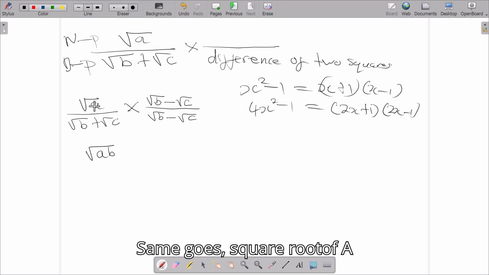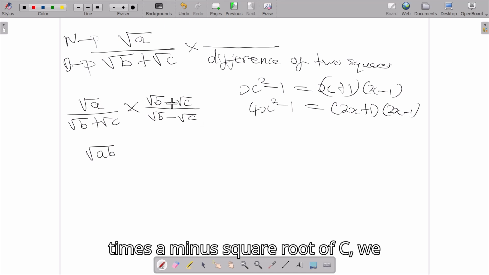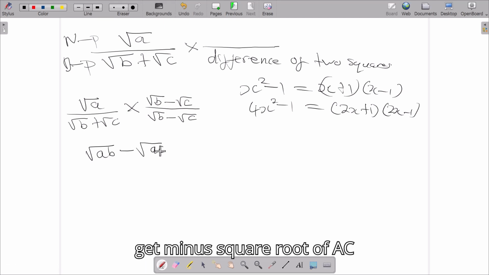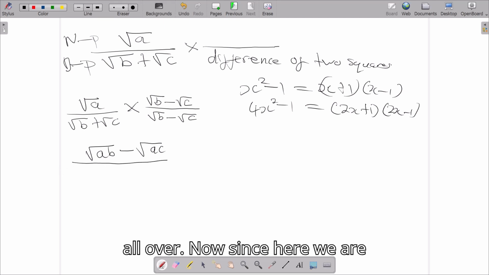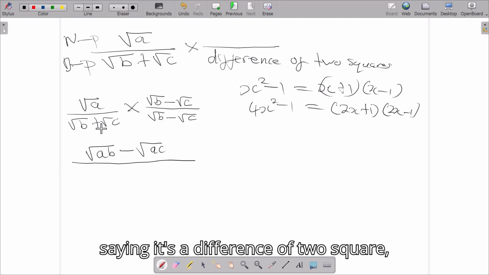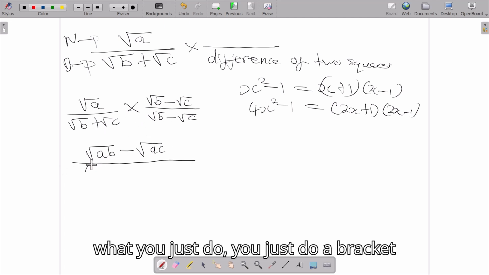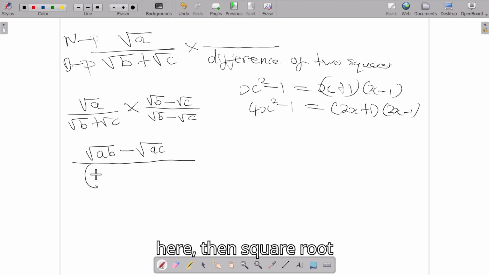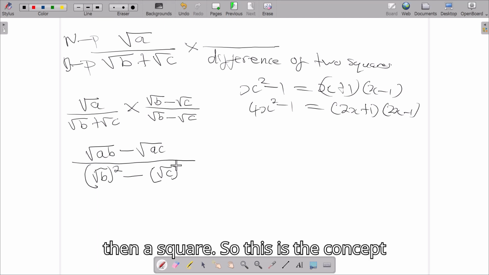Same goes, square root of a times minus square root of c, we get minus square root of ac, all over. Now, since it's a difference of two squares, you just do a bracket here, square root b, squared, minus the bracket square root c, squared. So this is the concept now.